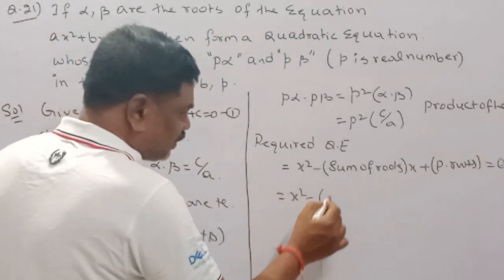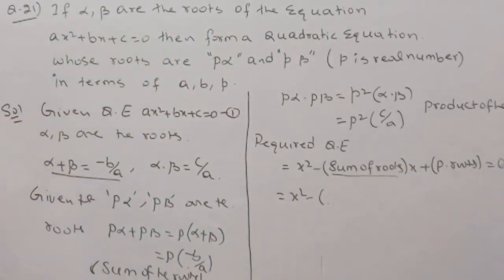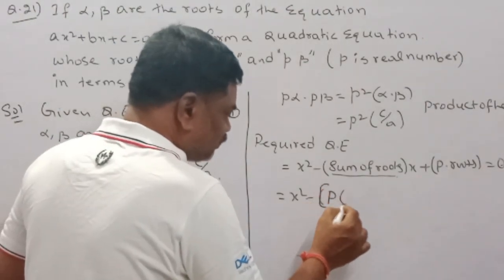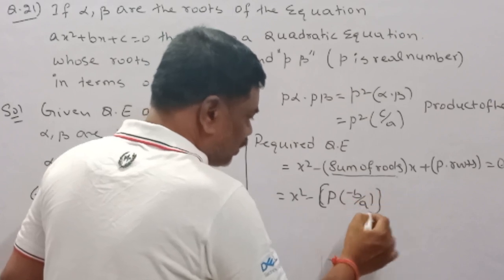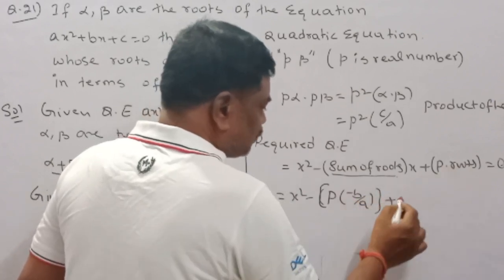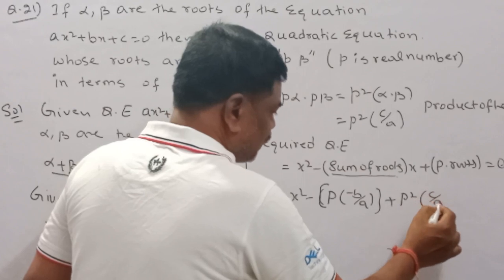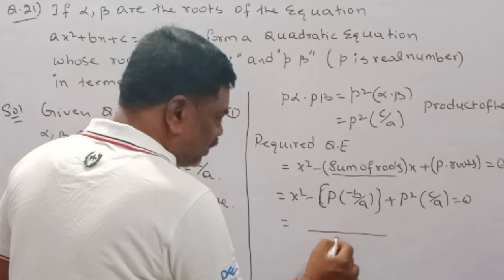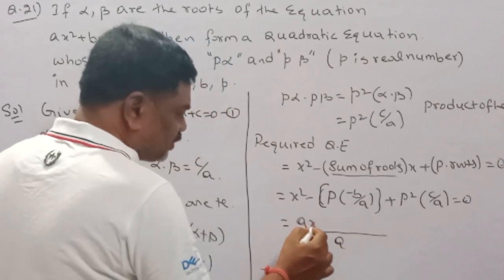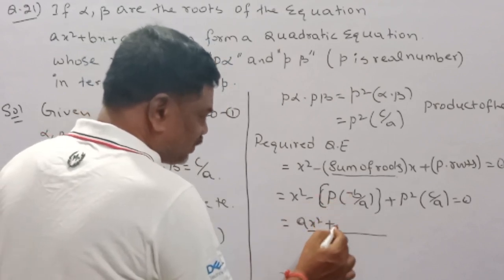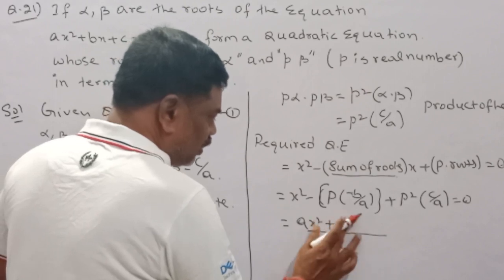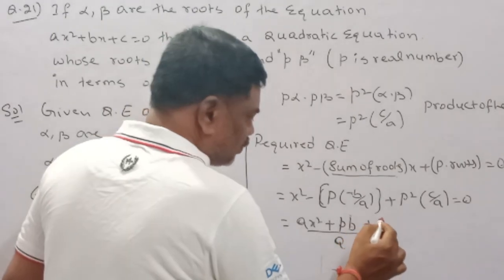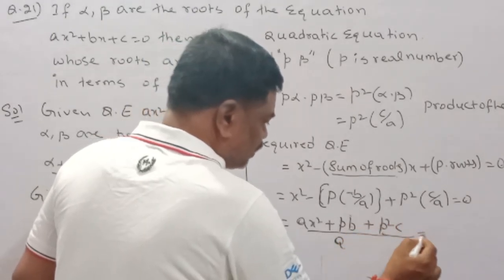So x square minus of sum of the roots, p of minus b by a, x plus product of the roots p square of c by a equal to 0. a is the LCM totally, that is ax square plus pbx plus p square c equal to 0.